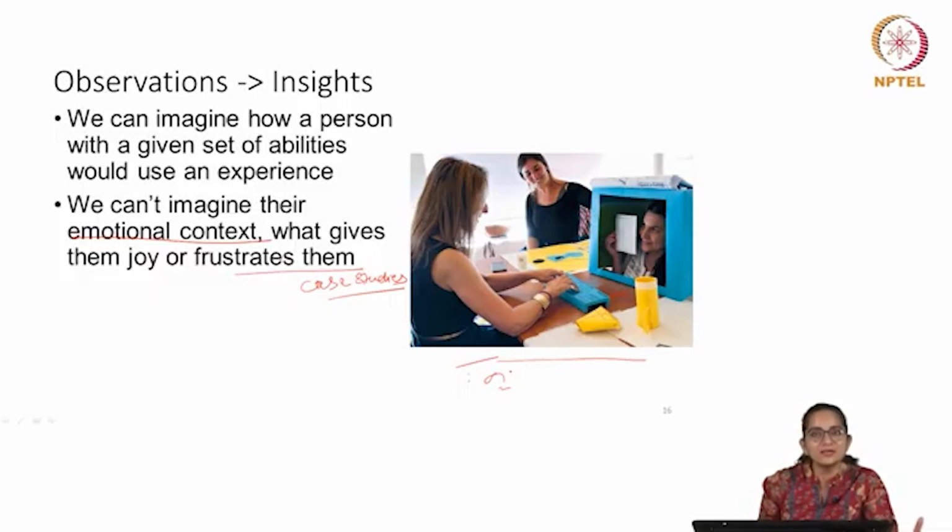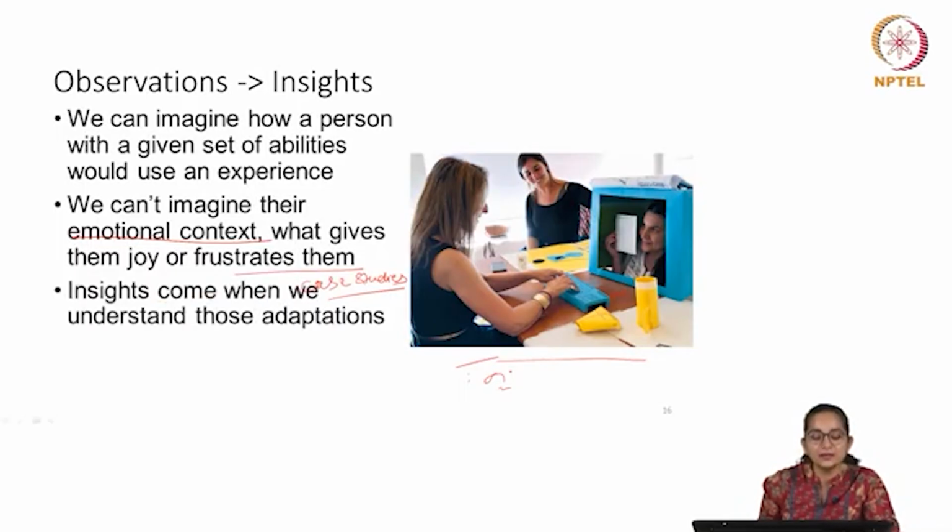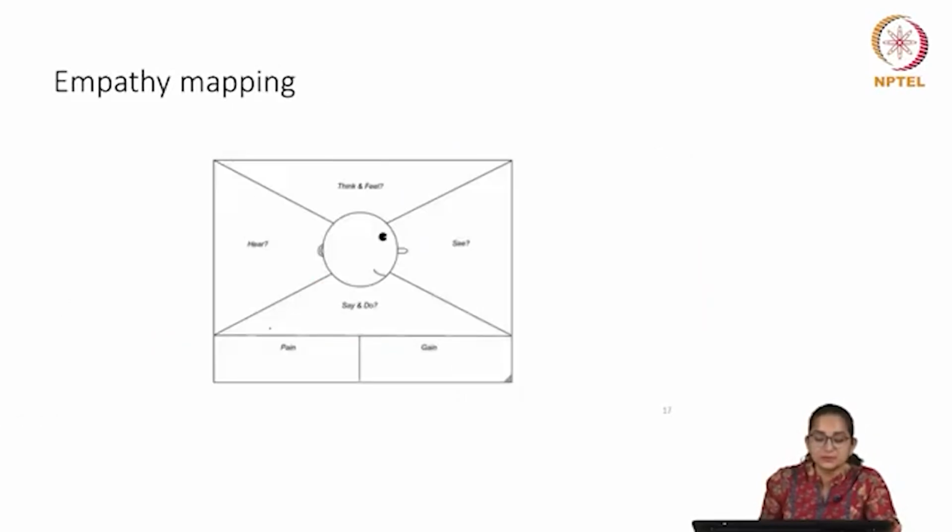So it is very important to understand that, and that is why we need to understand how people adapt in different situations, right? In order to develop an understanding of it, there is something called empathy mapping.